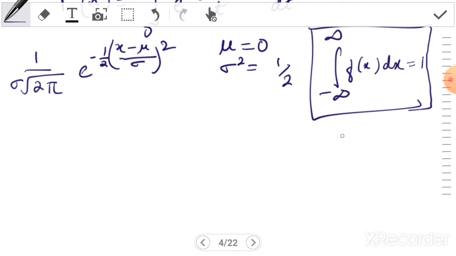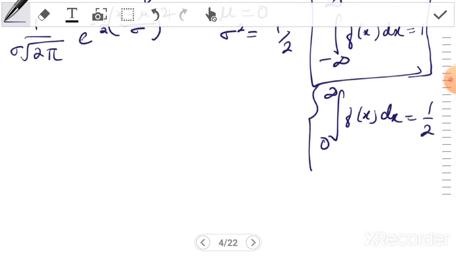And if you integrate from 0 to infinity, you will get 1 by 2.